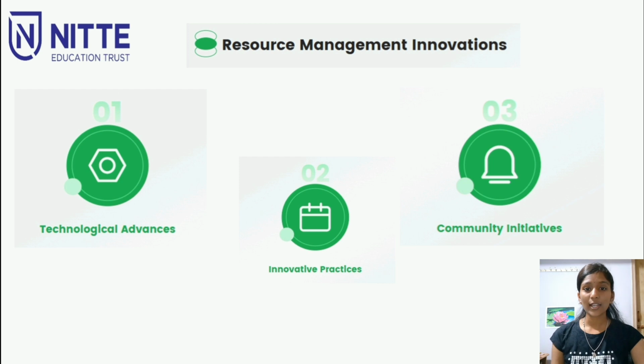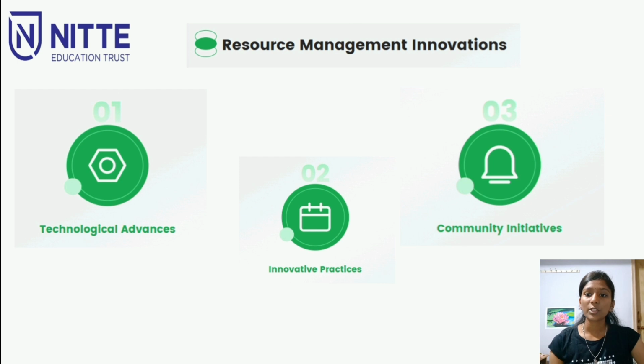Now let's take a look at the resource management innovations. First, collaborative consumption is based on shared access and resource pooling, allowing individuals and organizations to participate in sustainable consumption practices together. Then technological advances such as AI and IoT play crucial roles in optimizing resource use, enabling real-time data collection and management to enhance efficiency and sustainability.